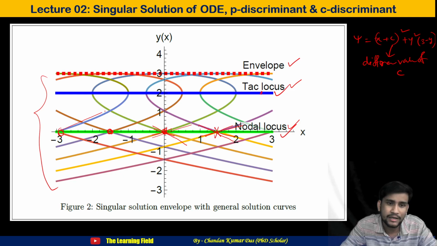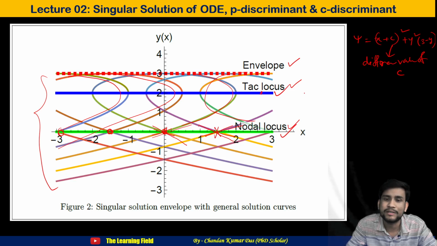So these are the curves. Actually, if we see the curve, it looks like this, and these types of curves. So these are the two different branches. There are two branches for different values of C. And the red dots are the envelope.